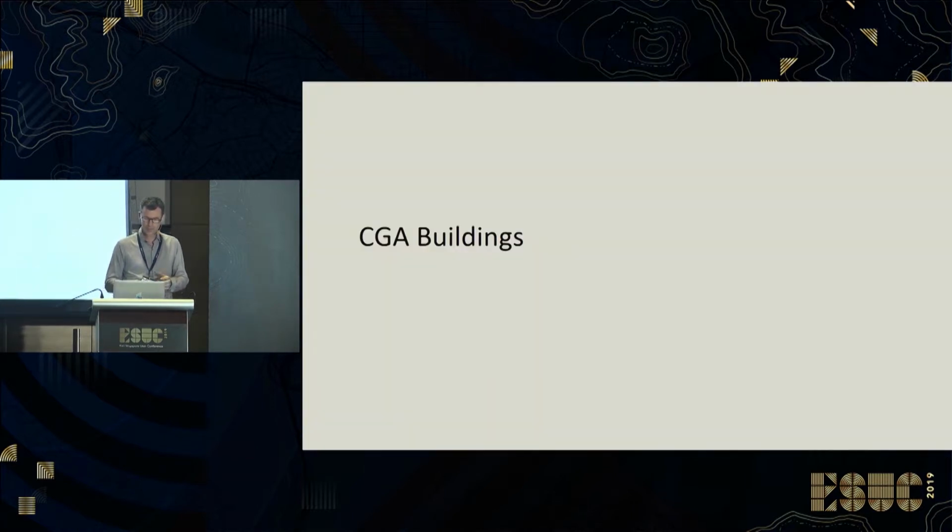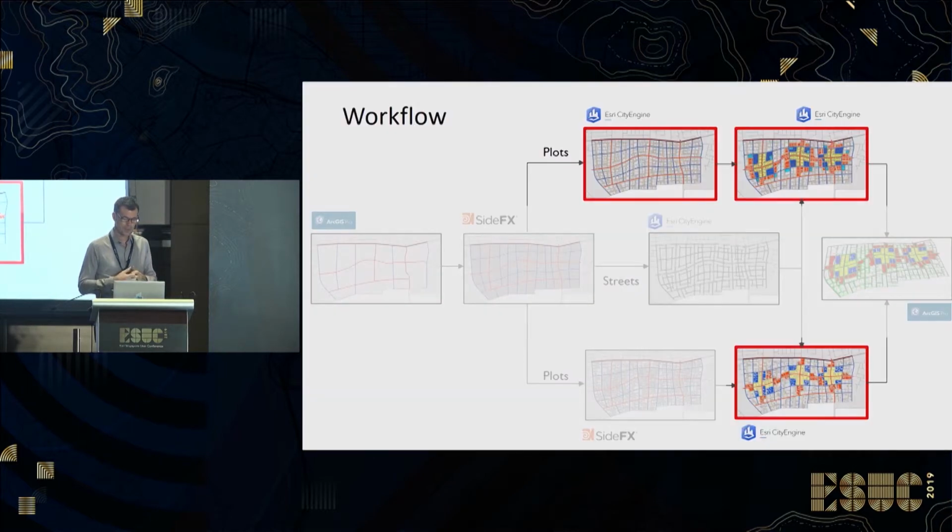So then looking at the buildings, the 3D buildings, we've got two different workflows that we can explore now. In the video, I'm looking at the top workflow, where we generate the plots from the urban blocks, then from the plots we generate building footprints, and from the building footprints we generate 3D models.